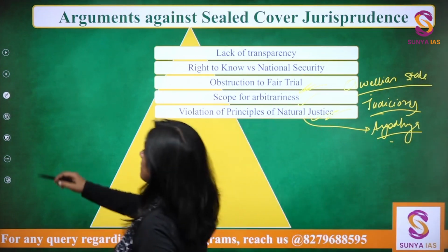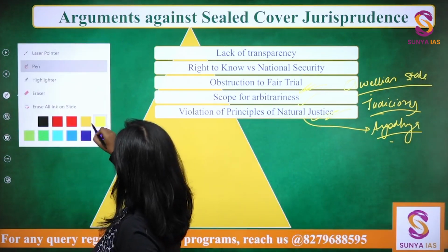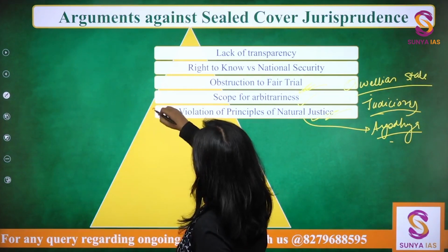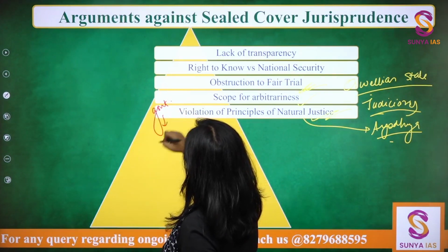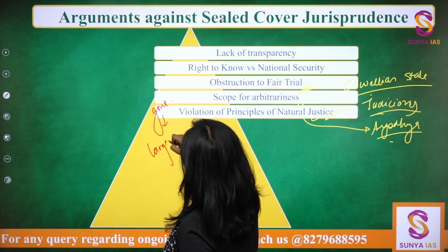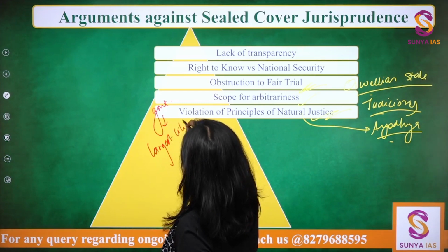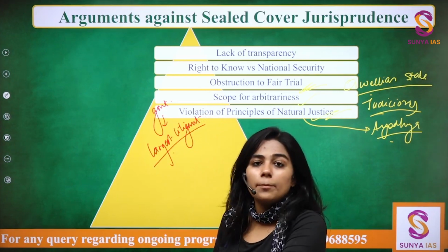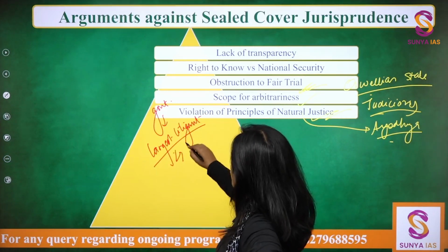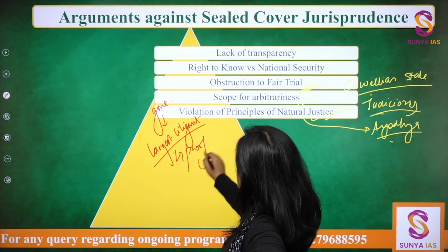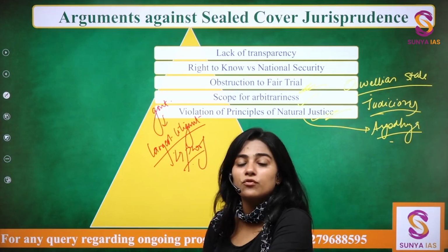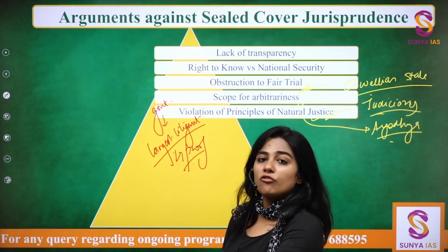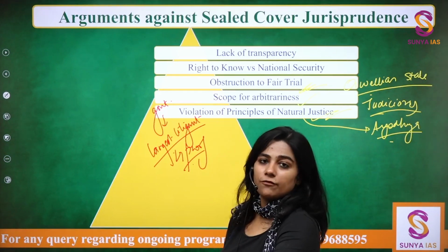Because see, government is the largest litigant, and here in sealed cover jurisprudence, it is the government which is giving proof, giving evidence, and the proof is very often against government itself.